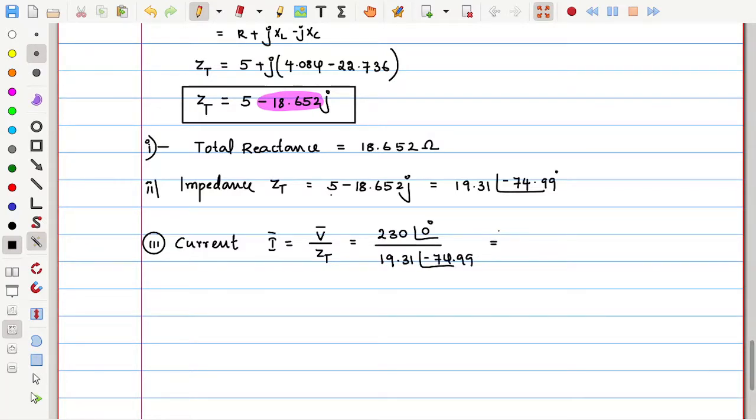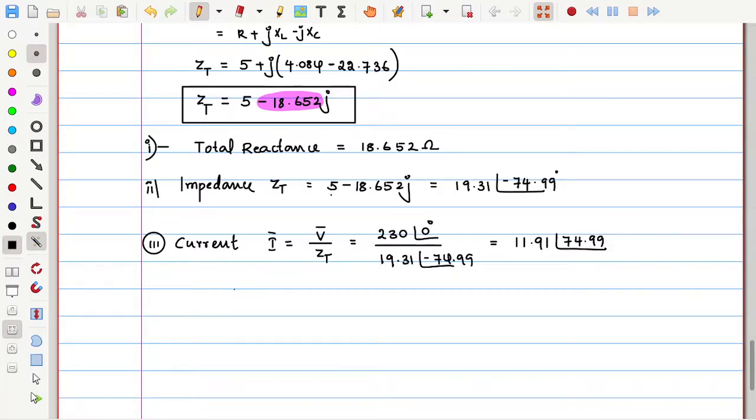So how much is this value? Check it. 230 divided by the answer which I already did. This is 11.91 at an angle of 74.99. Very good, so this is the current.